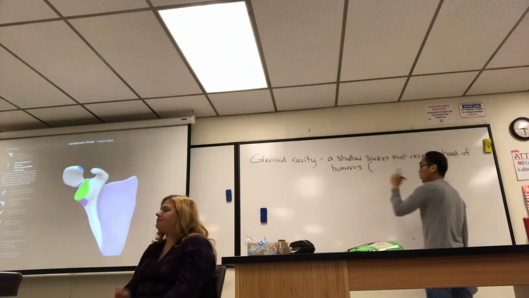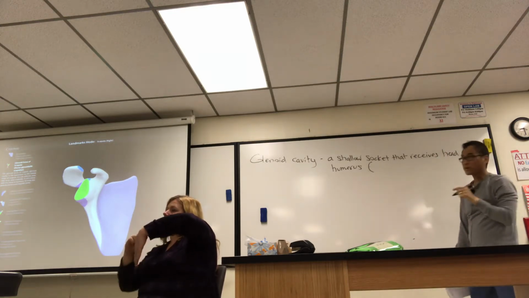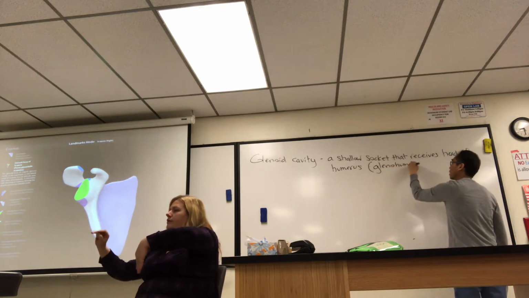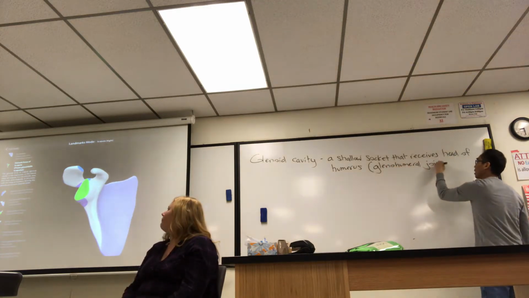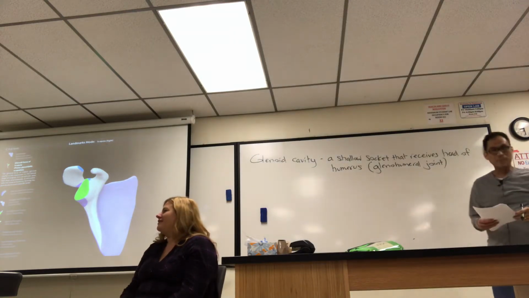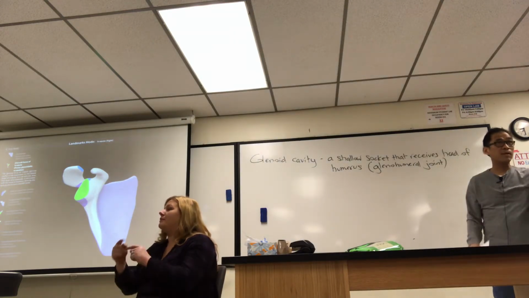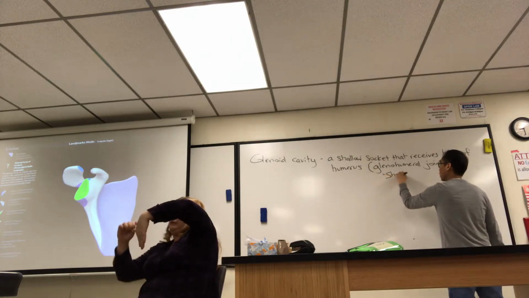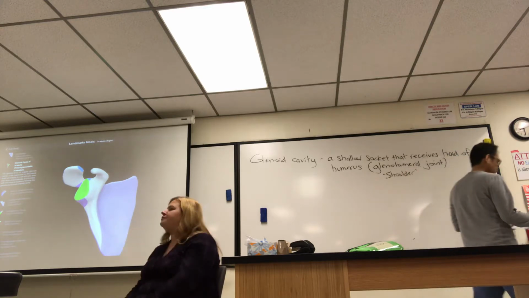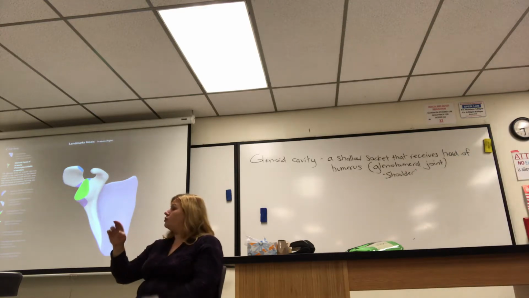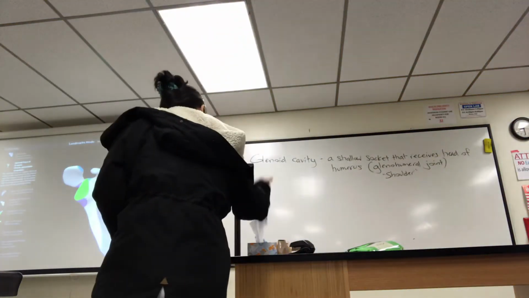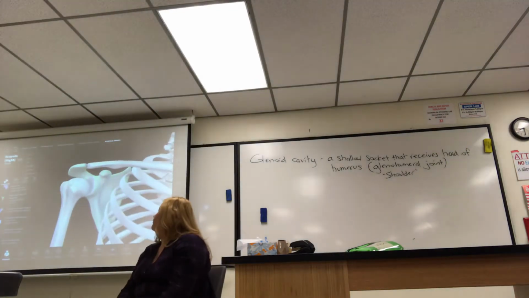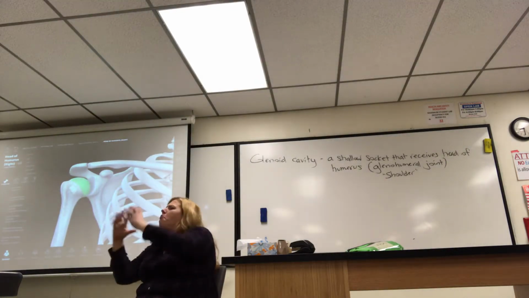Well, anyways, the name of that joint is the glenohumeral joint. When people say shoulder joint, typically they're referring to this one. But what we're learning today is the shoulder has many joints, not just that one. So right there, that half ball near the head of the humerus is fitting in the glenoid.